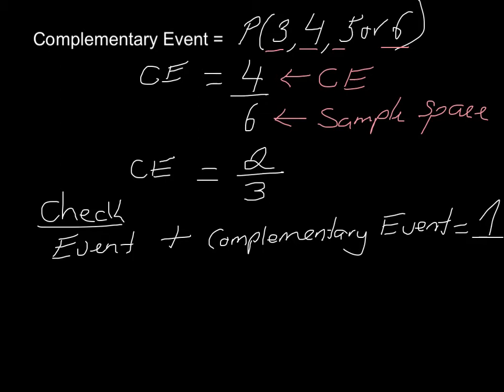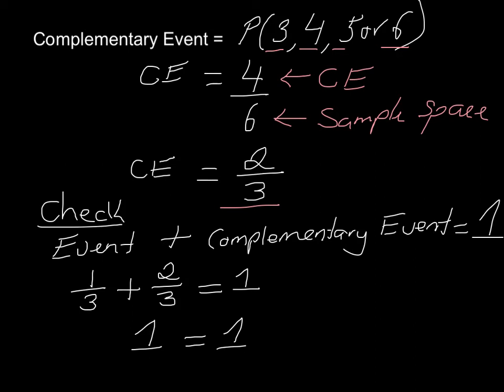Okay, so we remember from before that the event was simplified to 1 over 3. And I'm going to also add the complementary event, which is what we just found out, which is 2 over 3. And that together should equal 1. Now obviously 1/3 plus 2/3 is equal to 1. Therefore, we know we have done the question correctly.